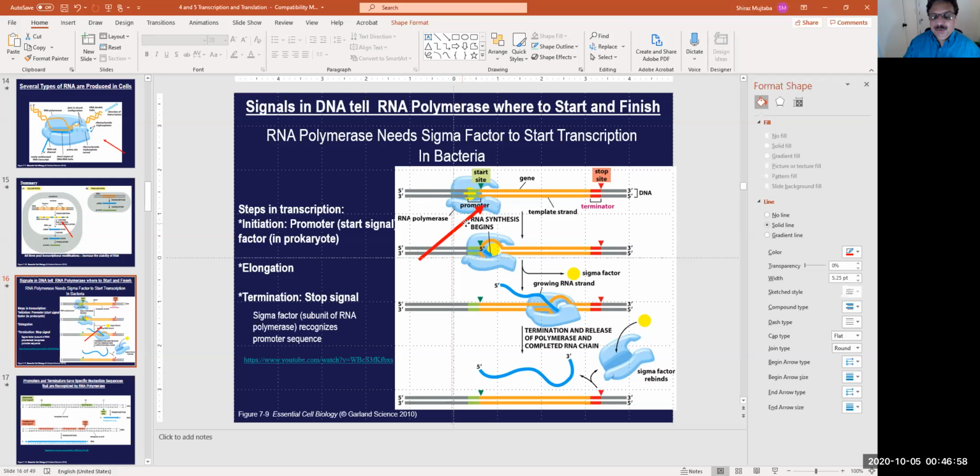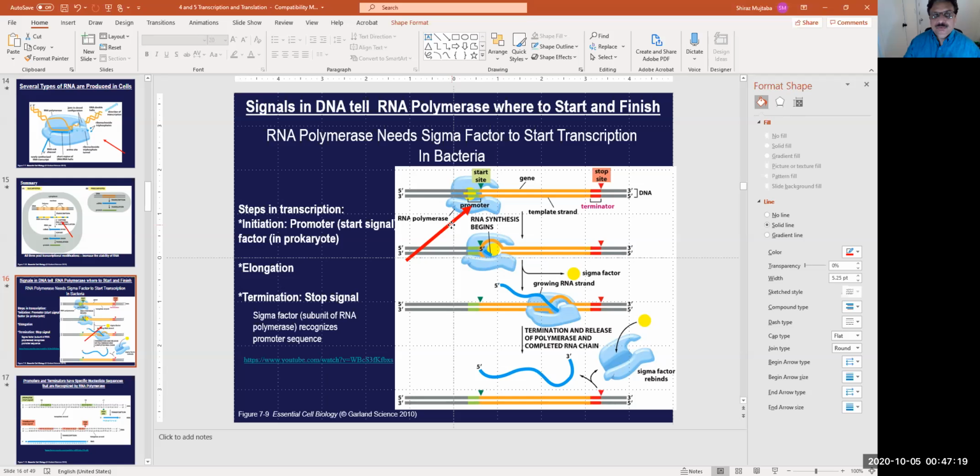That part of DNA is called the promoter. The promoter is the site where RNA polymerase binds, and it is very proximal to the start site of transcription. So to start transcription, the RNA polymerase has to bind to the promoter.